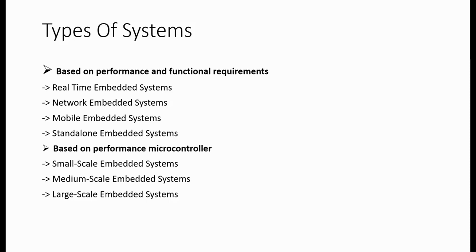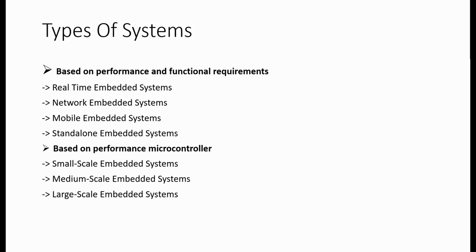Network embedded systems are connected to a network and communicate with other systems, like smart home devices, smart lights, ATM machines. Mobile embedded systems are compact and portable embedded devices with limited resources. Examples: smartphones, digital watches, GPS navigation devices.